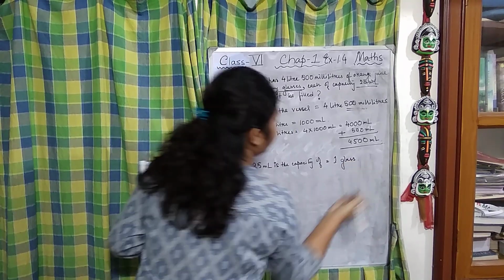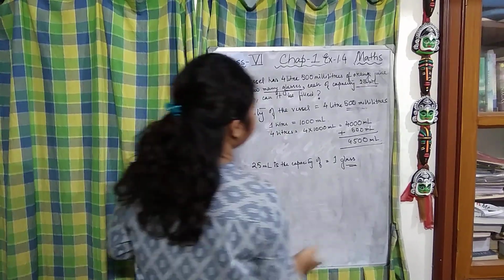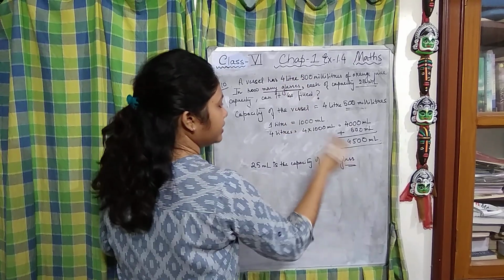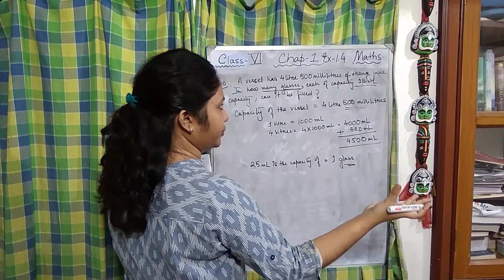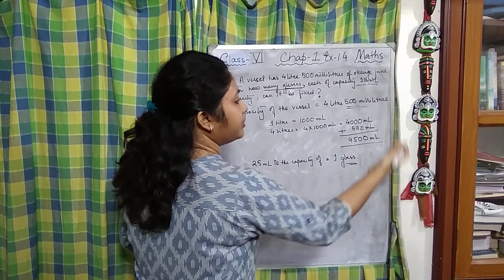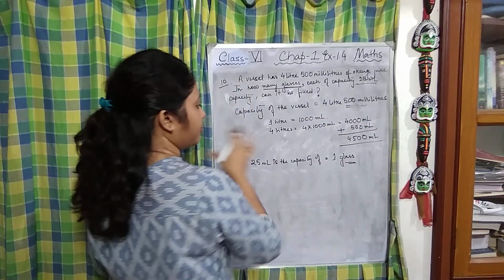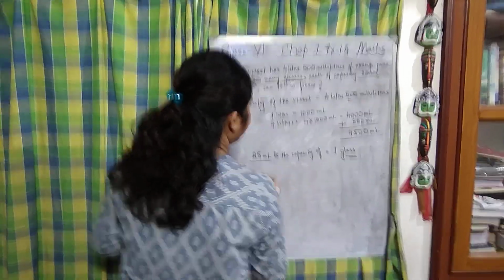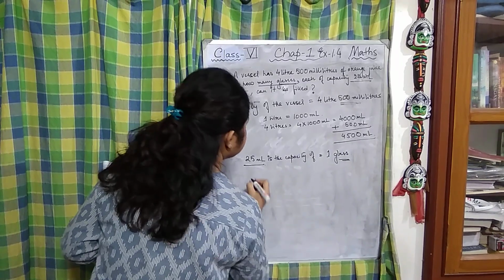I have kept the glass on my right hand side because how many glasses has been asked. Okay, so whatever has been asked to you, the unknown number, we always keep on our right hand side, and the given number stays on the left hand side. So 25 ml is the capacity of 1 glass.